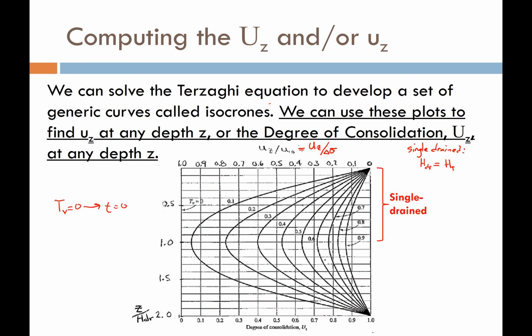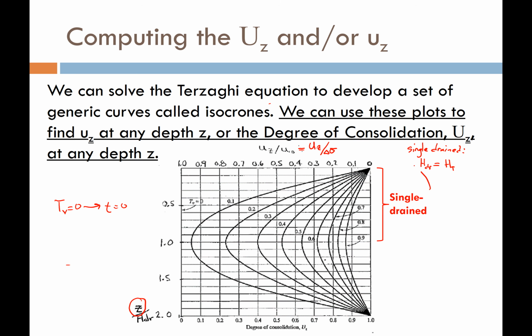So if HDR is equal to the thickness of the clay layer, and Z represents the depth that I'm into my clay, if Z equals the thickness of my clay layer, H sub T, meaning I'm all the way to the bottom of my clay layer, and HDR equals H sub T, then Z over HDR for a single drain is going to equal 1.0. That's going to be the maximum value that we would ever see for a single drain clay layer.